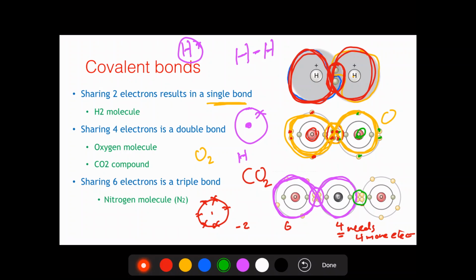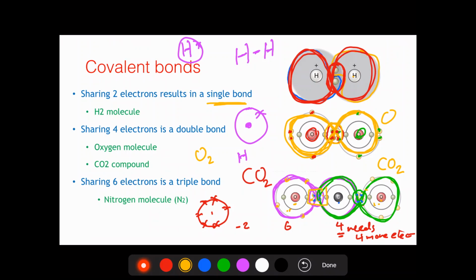And these 2 pairs are going to spend equal time around these 2 atoms. At any given moment, if the carbon is counting how many electrons it has in its valence shell, it would be 8. The same thing for this oxygen, it's 8, and so on. And in this case, it's CO2 because we have 2 oxygen atoms.